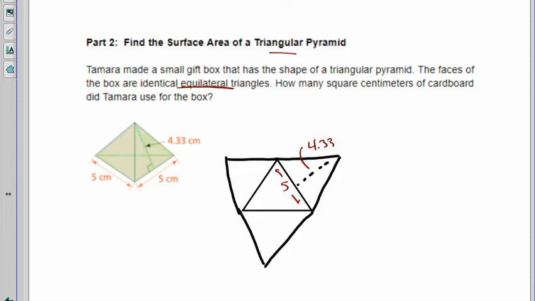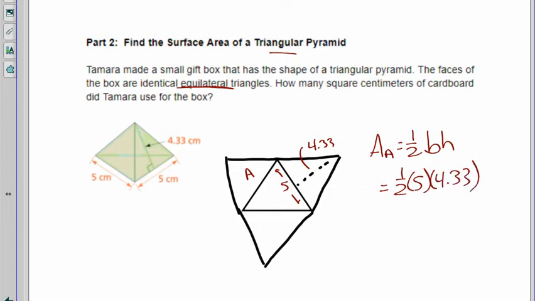So I only have one shape, shape A, and there's 4 of them. So the area of shape A is 1/2 base times height, which is 1/2 times 5 times 4 33/100. And in the end, I'm going to have 4 of those. So I'm going to just take this whole thing and times it by 4.